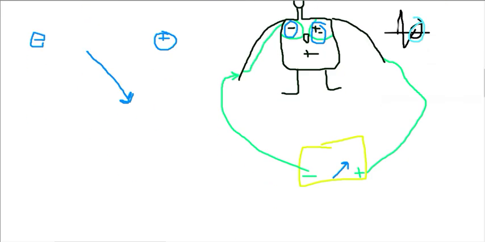To determine how much voltage value can be recorded by lead 1, first we will connect these two terminals that are connected with this side indirectly. Then the projection of this QRS vector will tell us how much magnitude and whether in positive or in negative direction our lead 1 will record.